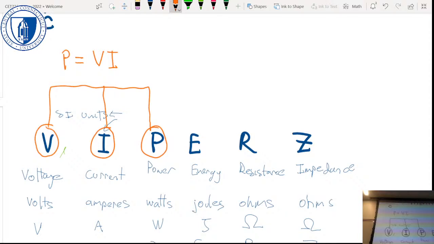And Ohm's law is what we use to do a lot of the analysis. We could also throw in Z and say the same thing, but now with complex numbers, V equals IZ.